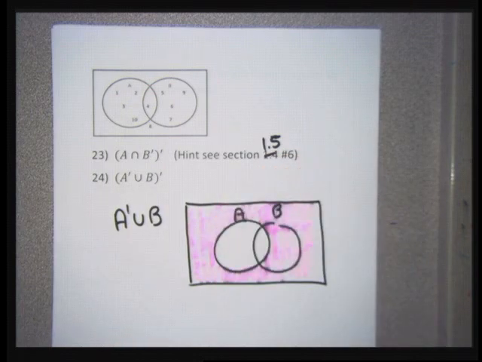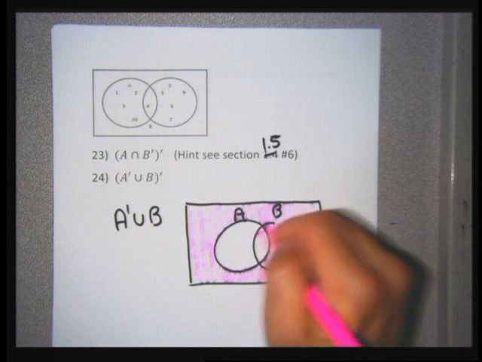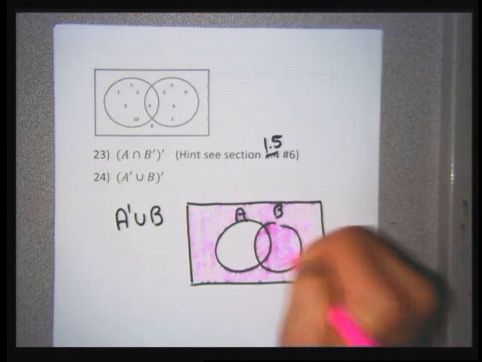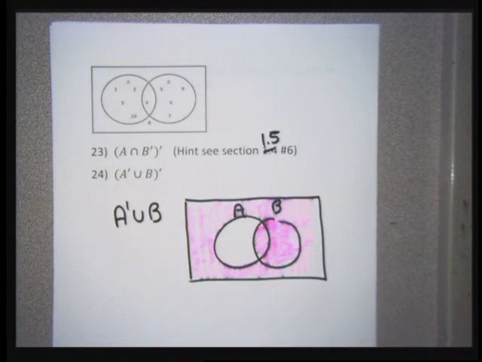All right, and now I'm going to add to that the B circle. And I can do it in one color because in the union it's any place there's shading. You don't need overlapping colors, it's not important. So that's A prime union B.